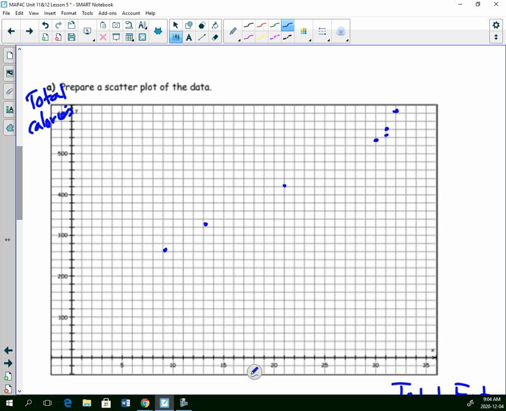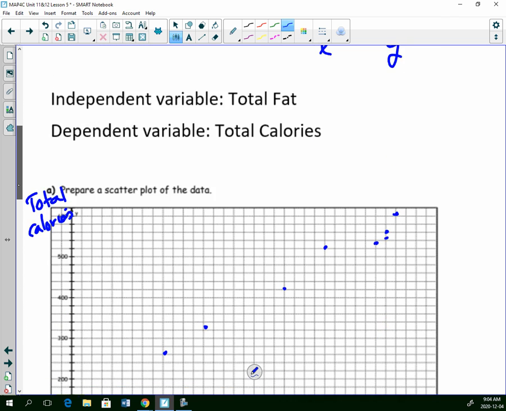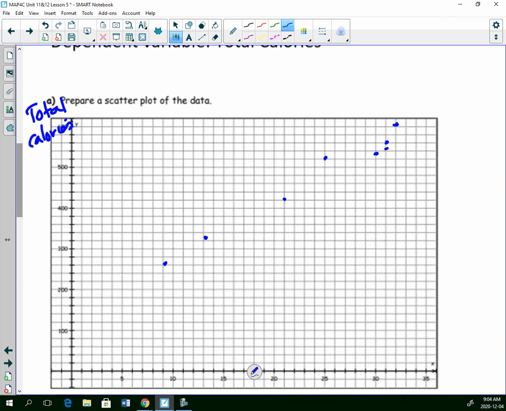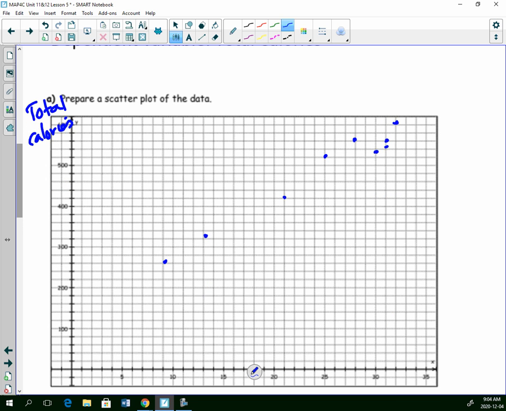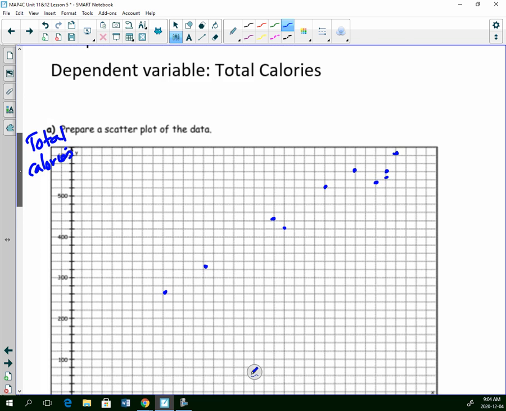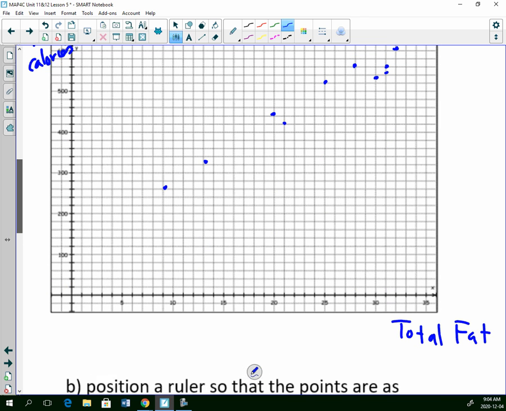And 25, 500. There. 28, 560. 28, 560 is there. 24, 440. 24, 440 is right there. And 5, 300 is the last point. 5, 300 is right there. Okay, so there's my points.